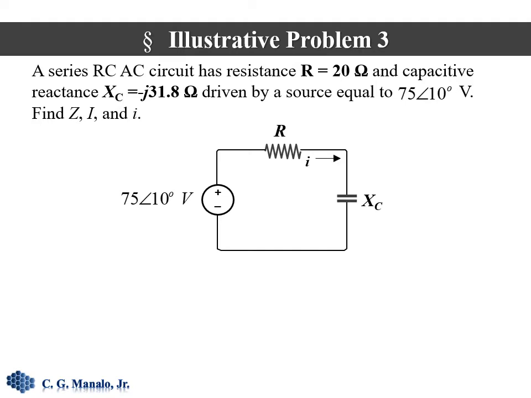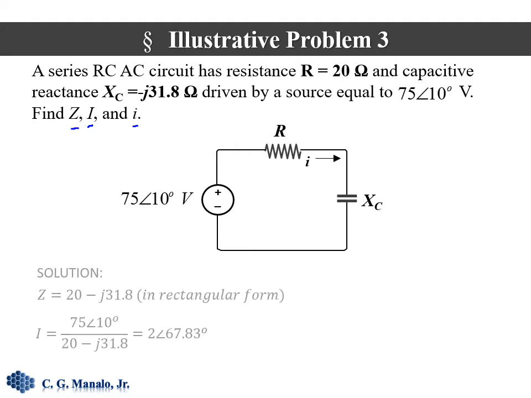We are asked to determine the impedance, the phasor I, and the time domain I. For Z and I, we could compute the impedance by simply writing R plus JX of C and leave it in rectangular form.